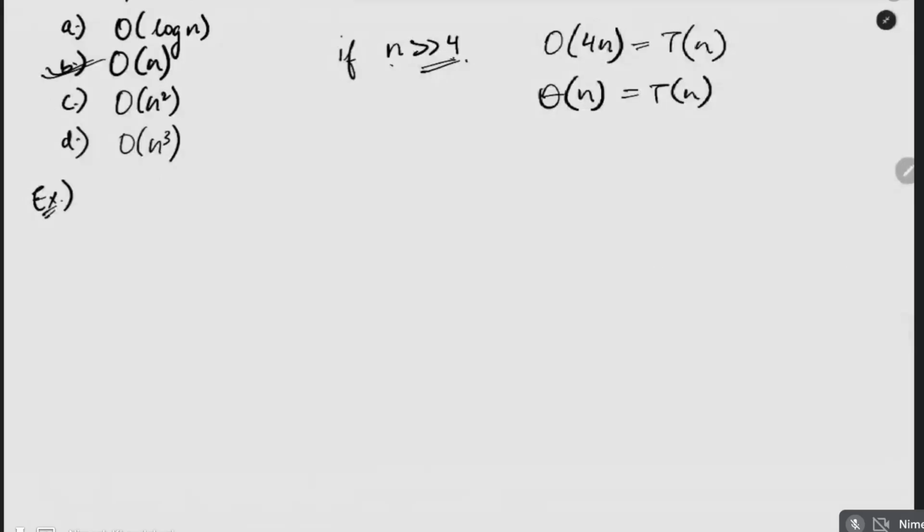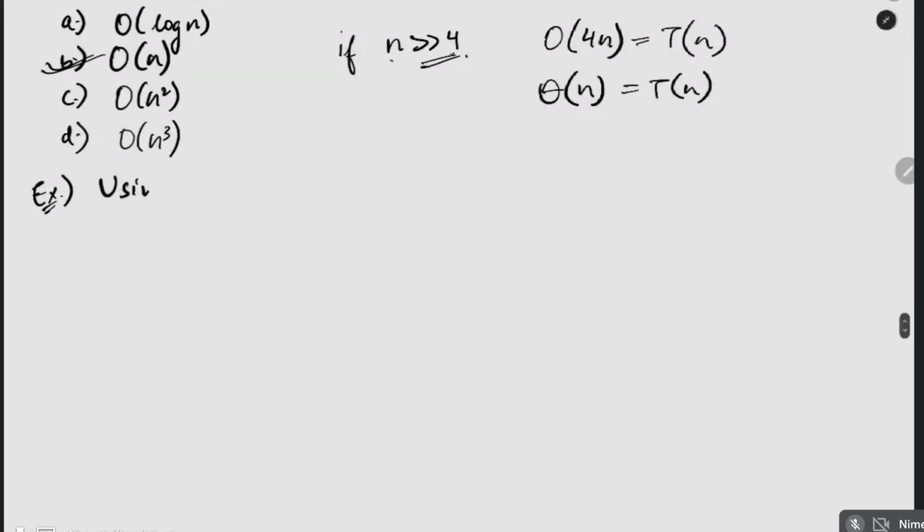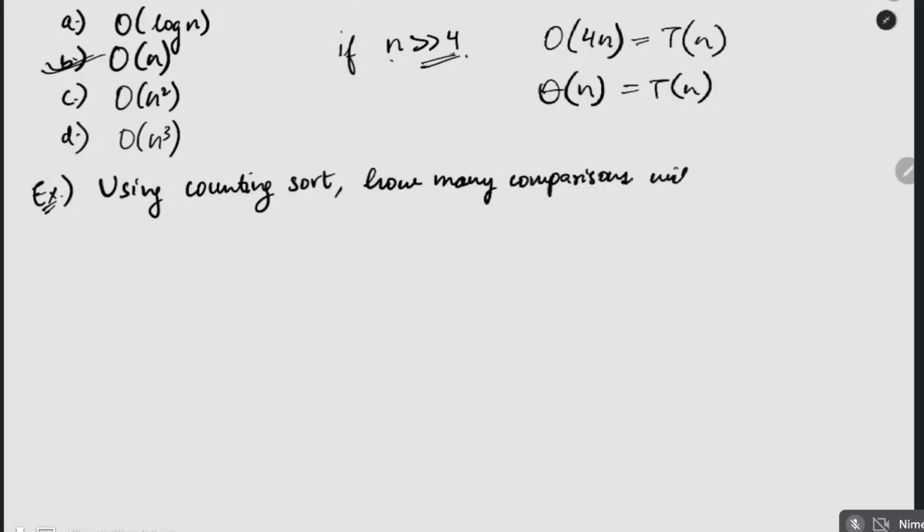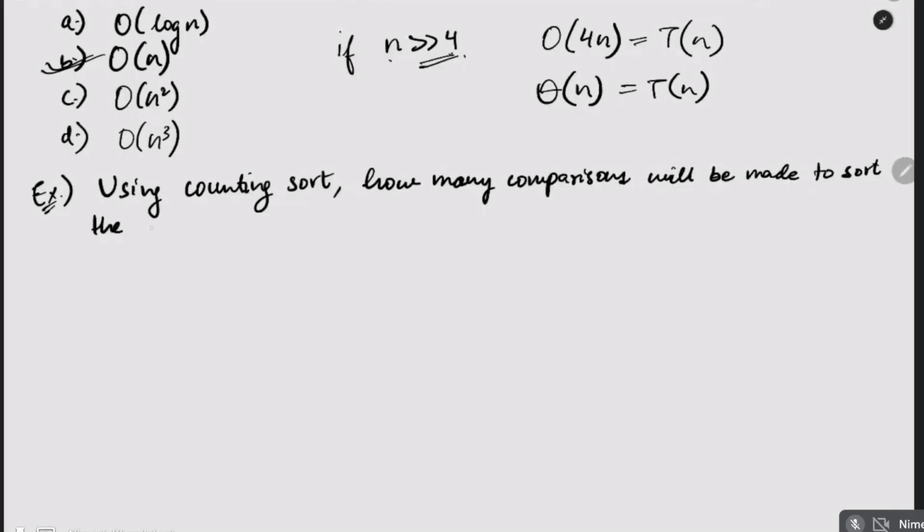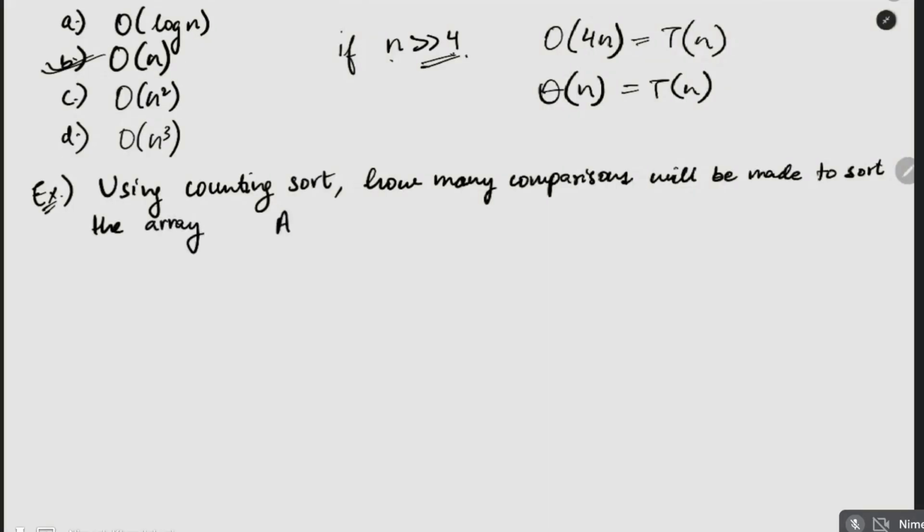Let's take one more example. Using counting sort, how many comparisons will be made to sort the array 9, 7, 13, 28, 22?